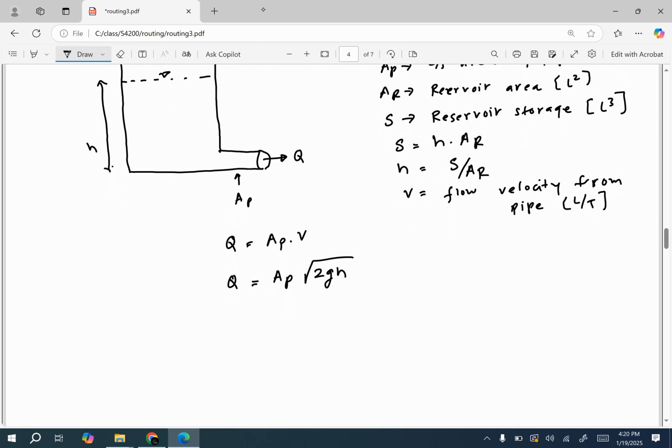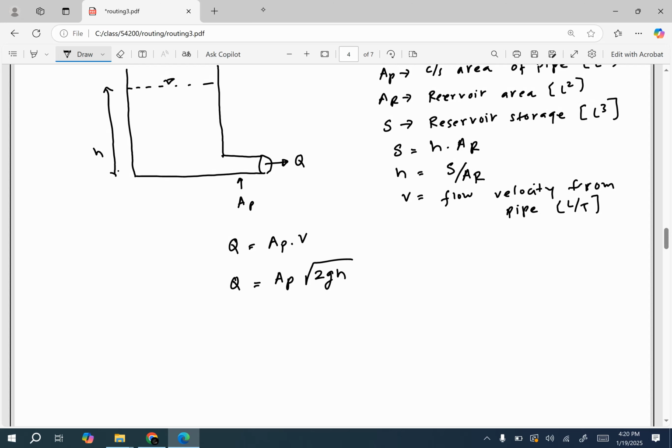Then we can say that Q squared is equal to AP squared times 2GH, or AP squared times 2G times S over AR.